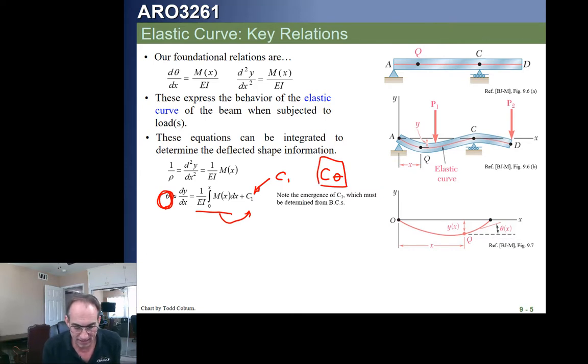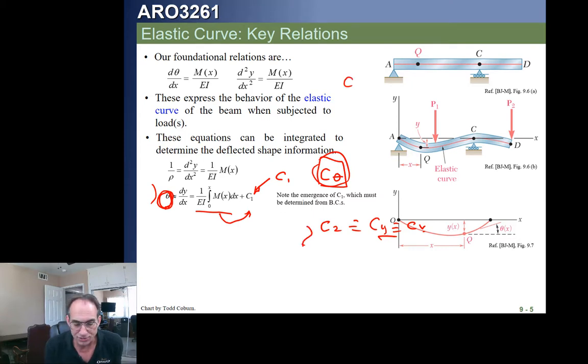Then when we integrate again, we get another constant, which I like to call Cy, or CV, because some books use V for that vertical deflection. So I like to use C theta for the integration that gives us the slope, and Cy for the constant of integration that gives us the y.